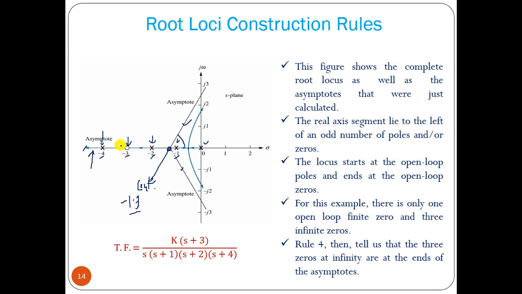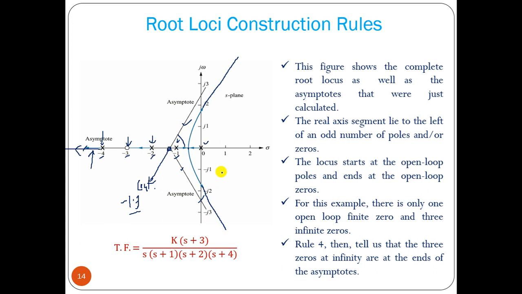One pole merges with this zero, one pole comes here, breaks away, and should go along the asymptote direction to infinity zero. The second pole comes here along this asymptote direction and goes to infinity zero, and the 180 degree line, so this pole should go along the 180 degree line to infinity zero. So this is the concept of this.